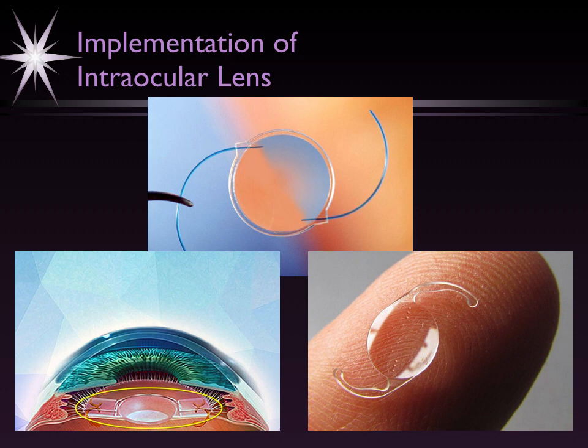And finally, this one over on the right is called a toric lens. A lot of people have astigmatism of their cornea. And so the ophthalmologists have developed this toric lens that is able to fix the astigmatism that the person has. Basically, when they're done with it, they don't need to wear glasses because the astigmatism is repaired with this lens.